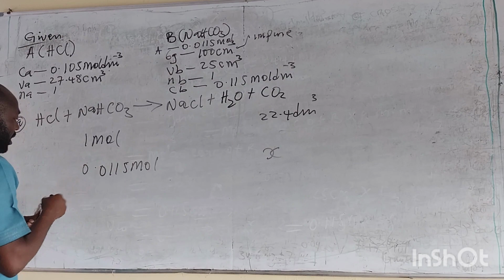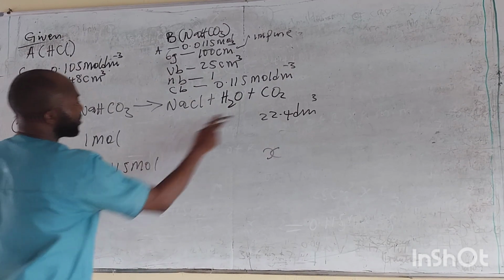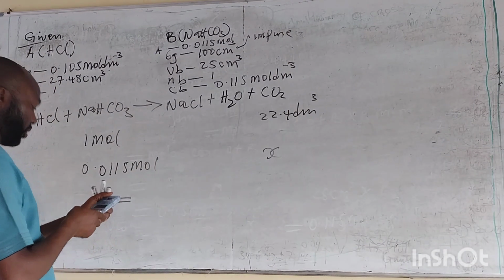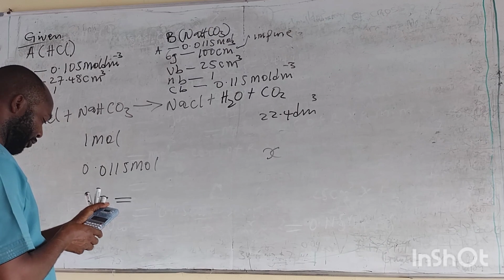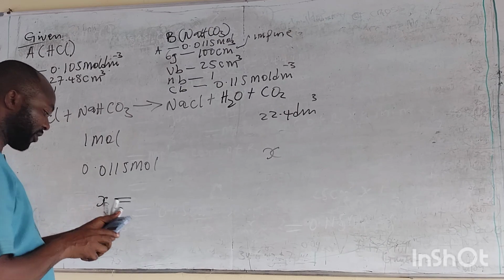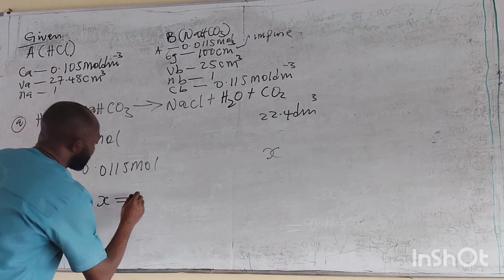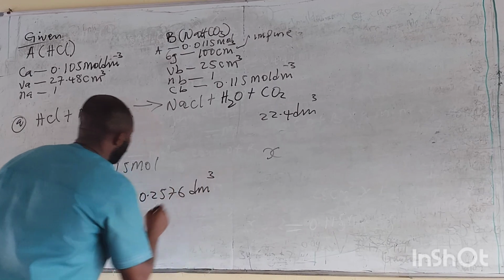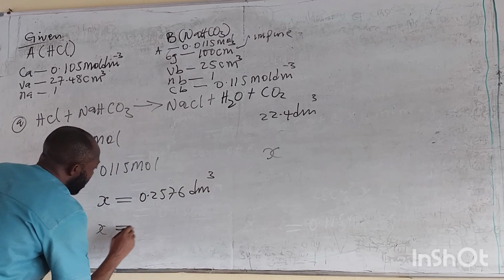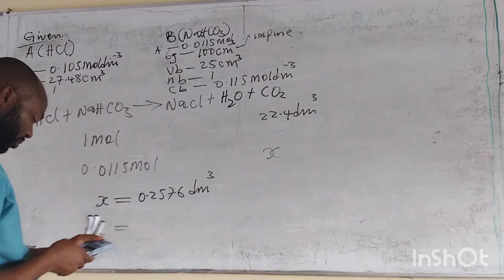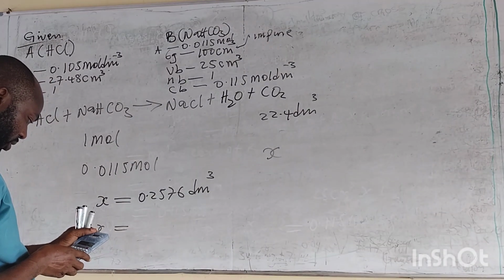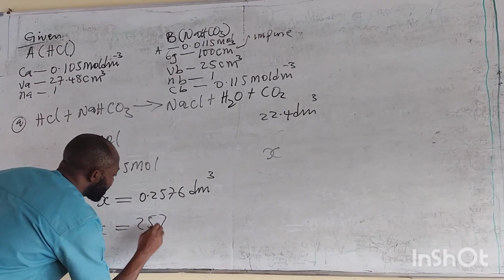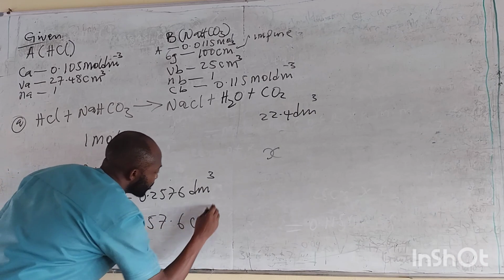So X is equal to this times this in dm³, or we'll convert that to cm³, times 22.4, 0.2576 dm³, or times 1000, or 257.6 cm³.